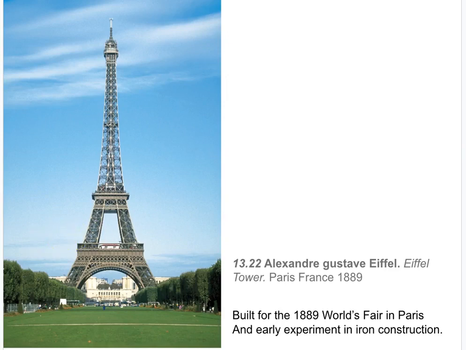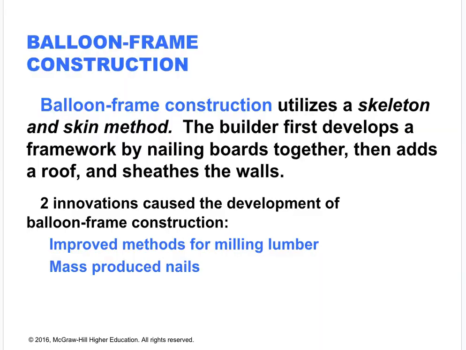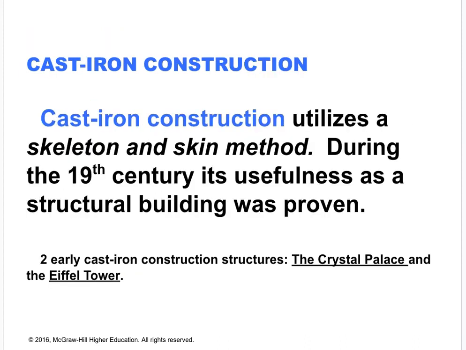Okay, and then the next type is balloon frame construction. Balloon frame construction utilizes a skeleton and skin method as well. Let me make sure I showed you. I'm going to go back to the cast iron construction. I want to make sure you got that definition down because we go through these a little quicker.